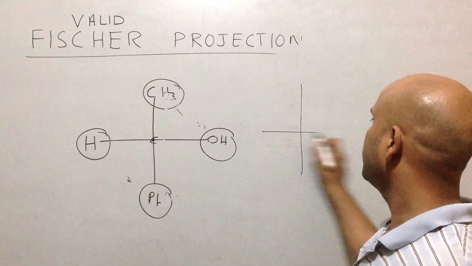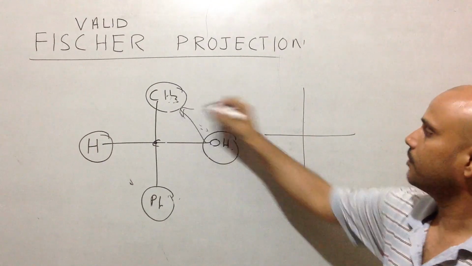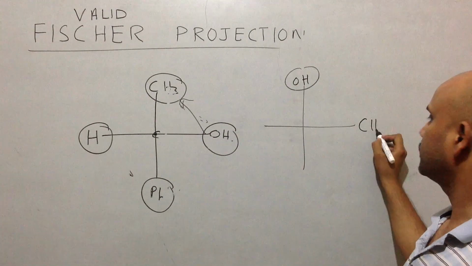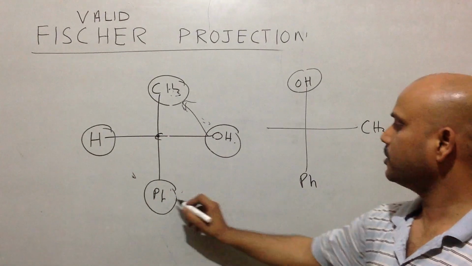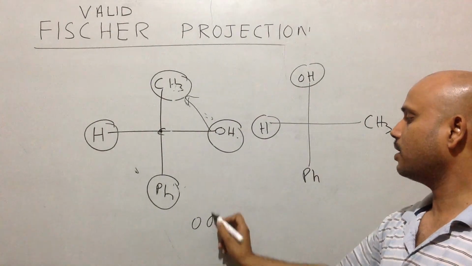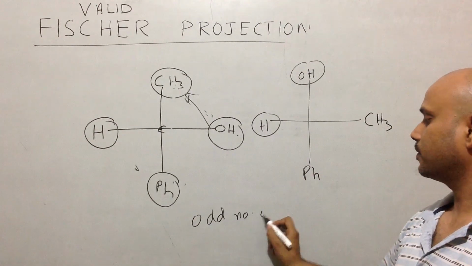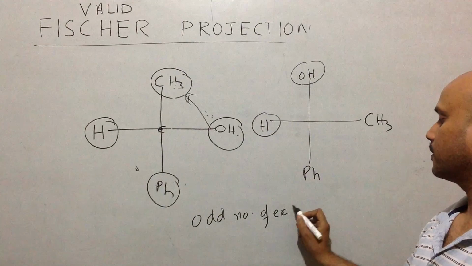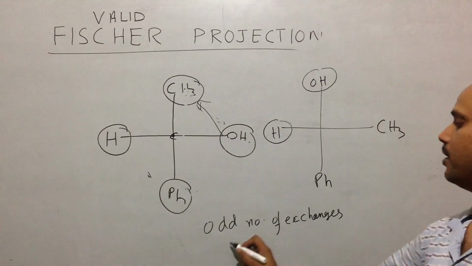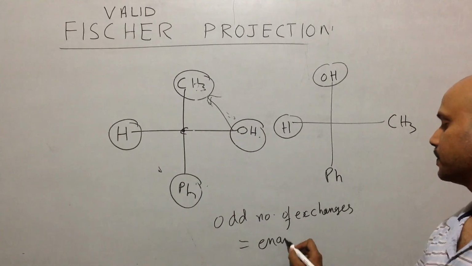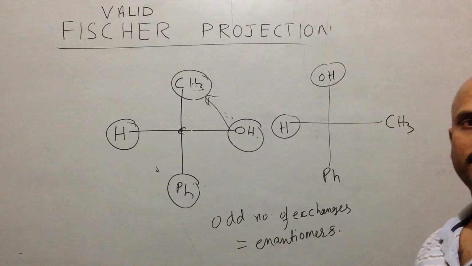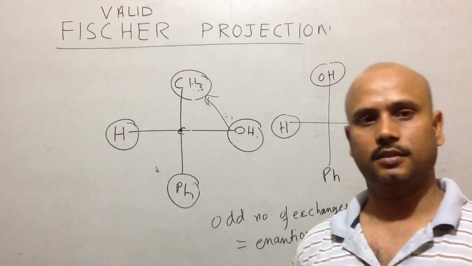For example, if we exchange only this one time, OH, CH3, PH and H here. If you have an odd number of exchanges, we obtain enantiomers. That's all. Thank you.